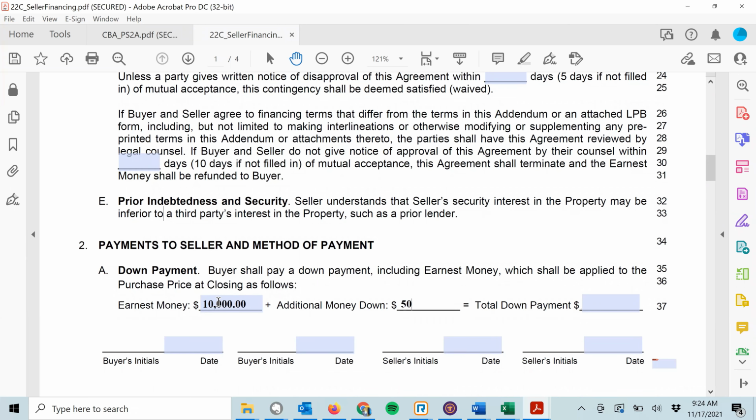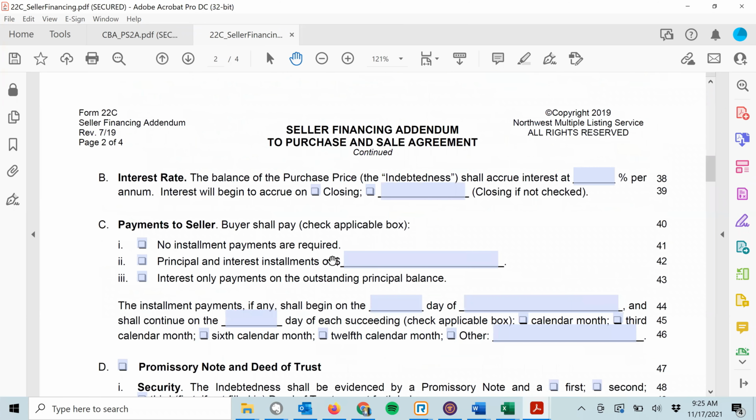But they're actually going to do 20% down. All right, we can do it that way. Times 2 is 121,588. All right, because earnest money plus additional down is 121,588, right? So that's their 20%. Mm-hmm. Does that make sense? Yep.